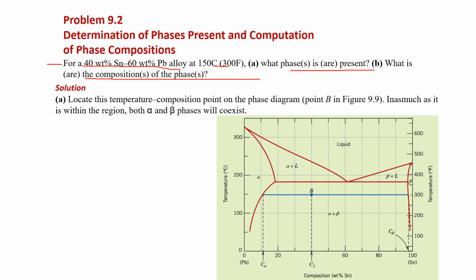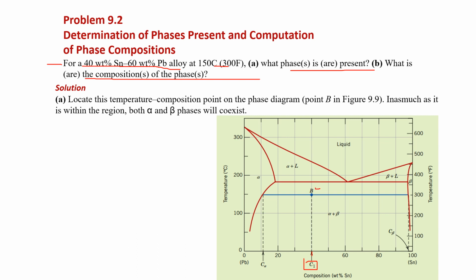In the solution, we are given 40% weight tin and 60% weight lead. The tin-lead phase diagram will be given in the exam.